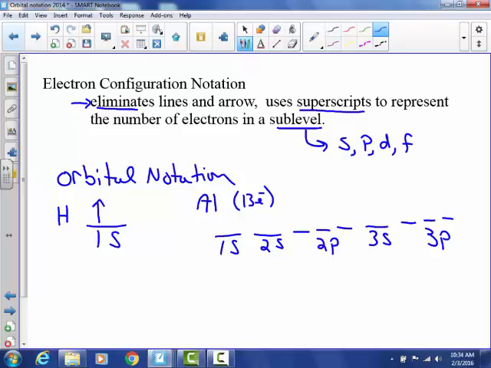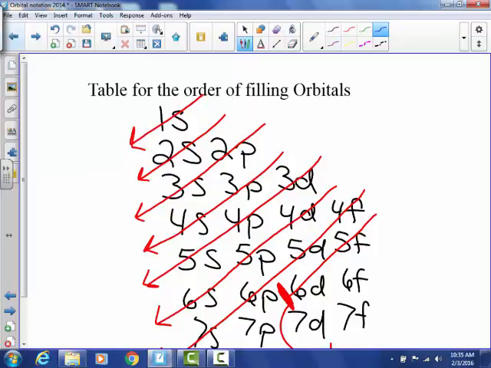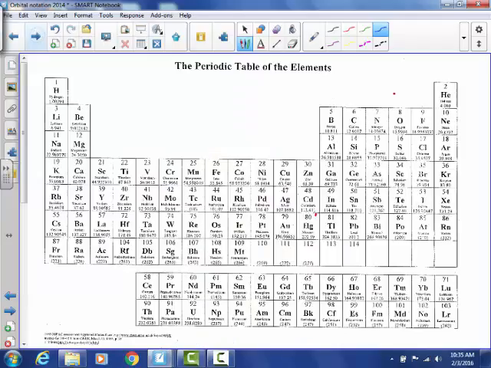Then we put all the electrons in there, and so that is our orbital notation. And remember, the method that we fill these, that's where our table of filling came in. This is going to be a good table to keep with you even with the next method that we're going to use.